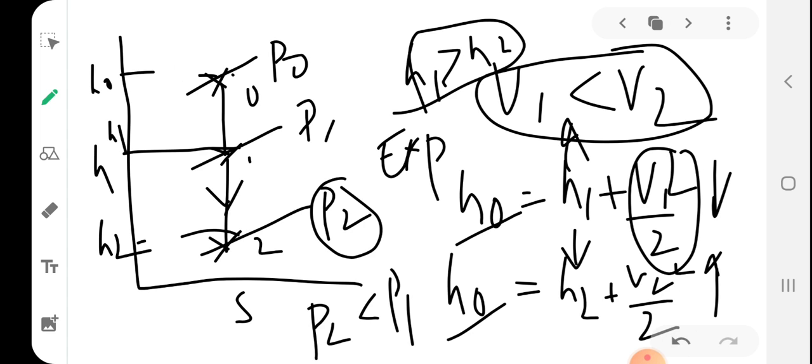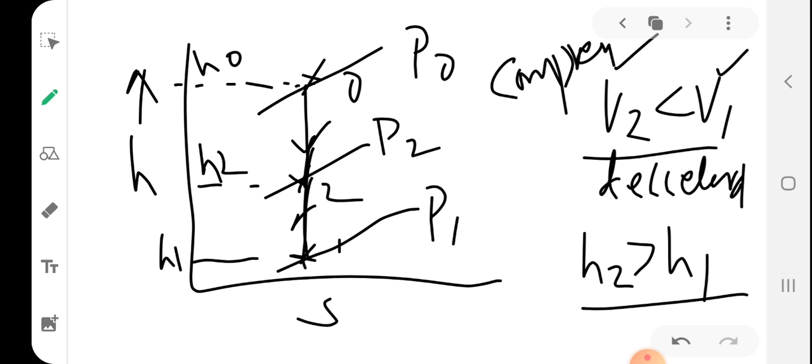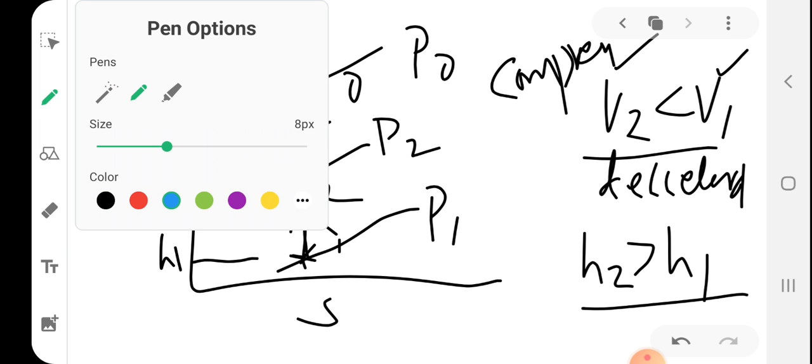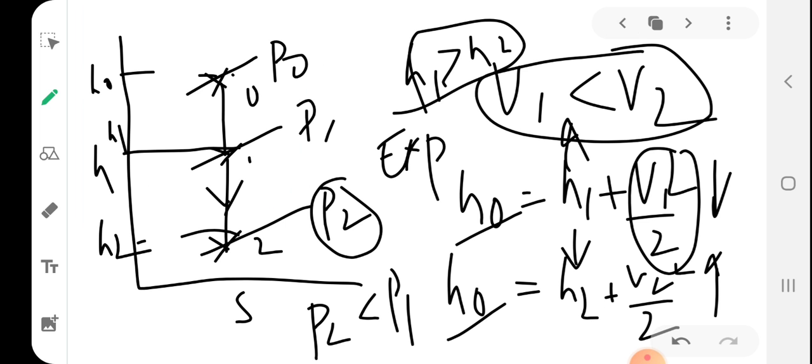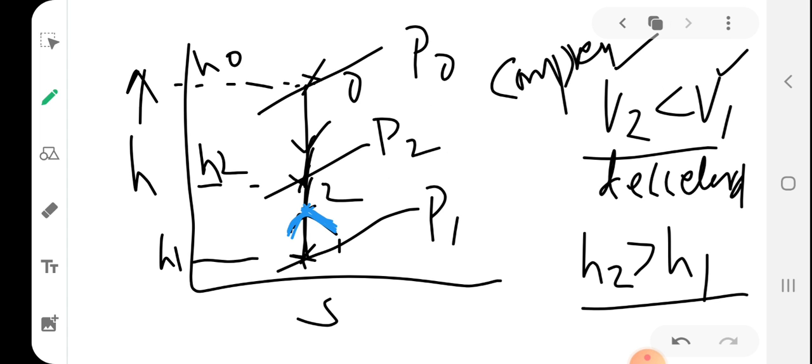Expansion 1 to 2, in this manner. In compression 1 to 2, the direction is upward. In expansion the direction is downward, 1 to 2 downward; here 1 to 2 upward. Okay, so that is the difference in showing expansion and compression in a Mollier diagram.